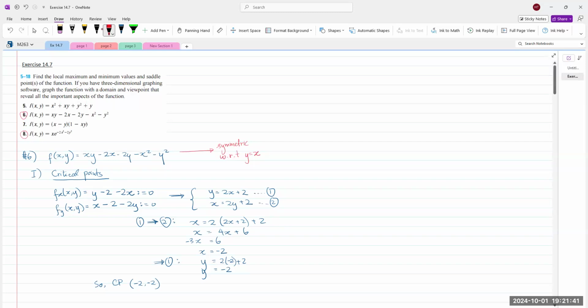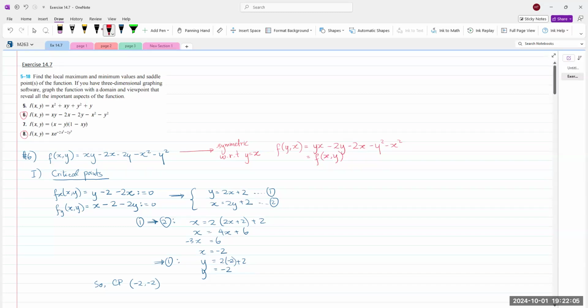What do I mean? Here's what happens. Suppose you swap the position of x and y. So x becomes y, y becomes x. Notice that we actually get the same thing. That equals f(x,y).